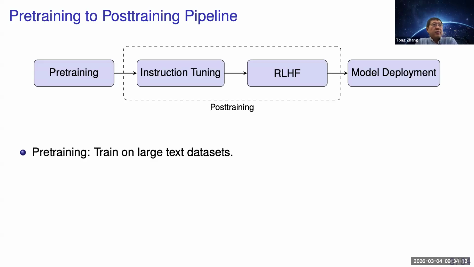There is also RLHF, which we'll talk about later. It's reinforcement learning from human feedback. This is usually for the alignment of the LLM with the interests you have.